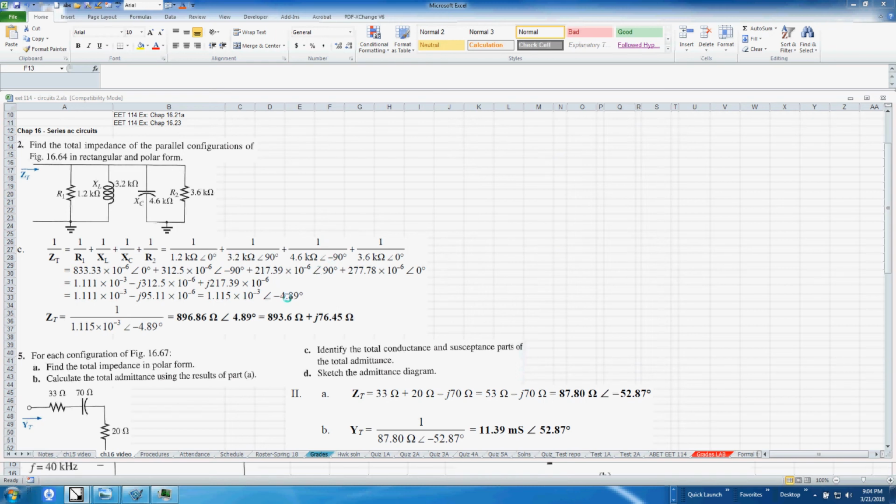Then combining like terms, what you do is you add this 277.78 times 10 to the negative 6 plus this 833.33 times 10 to the negative 6, and you get 1.111 times 10 to the negative third.